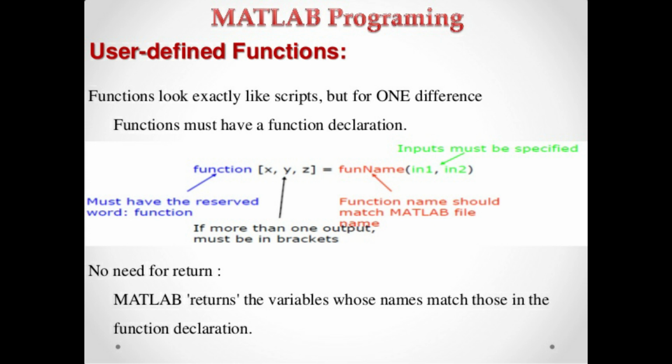Like if you want to start with the bisection method, or with your own name, for example, if I write Sharmeen, so function, square brackets with the output, equals Sharmeen, and then you will write the parentheses. Parentheses means round brackets, and in those you will write all the inputs.